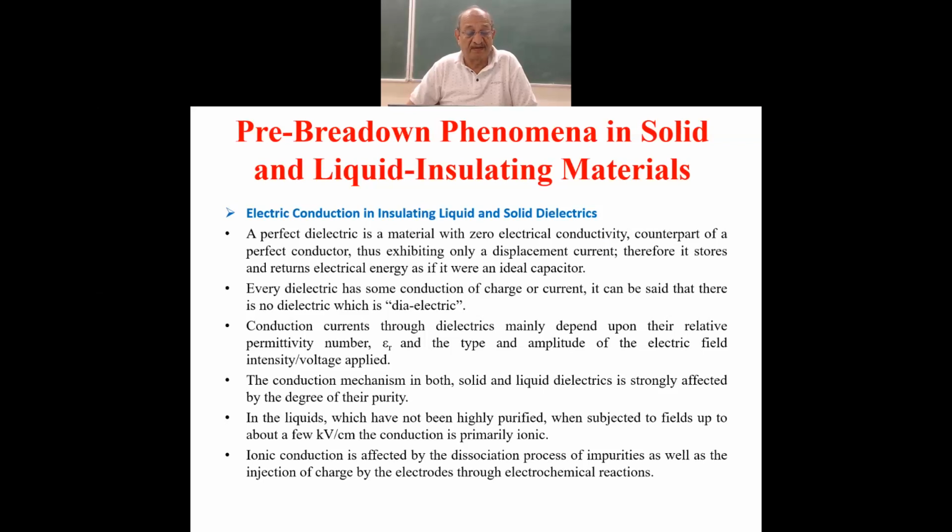A perfect dielectric is a material with zero electrical conductivity, which may not have any conduction at all. You would say there is no conduction in vacuum, but we did learn that the pre-breakdown current is measured even in vacuum. So every dielectric, howsoever good it may be, has some electrical conductivity.